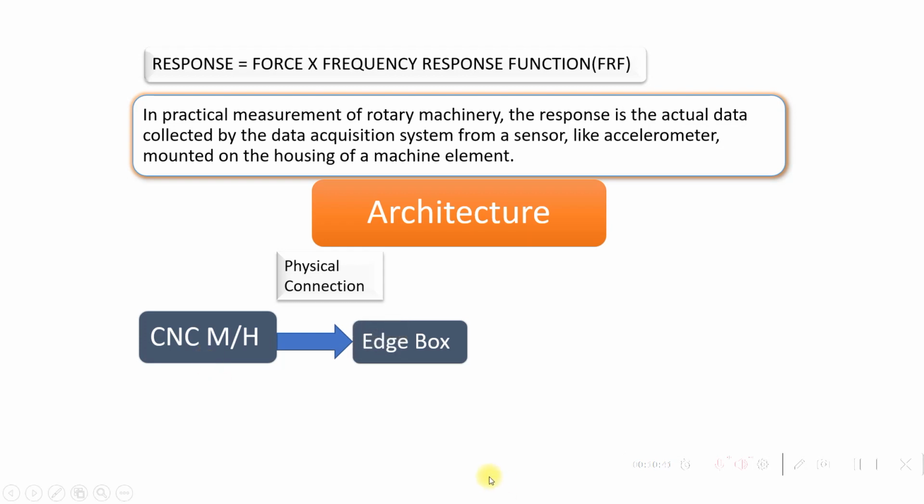And this is our condition monitoring system algorithm, present in this box. This is called an edge box, and this box is directly connected to the machine through wires. This is called a physical connection, like you have seen, where the accelerometer is physically connected to the machine.